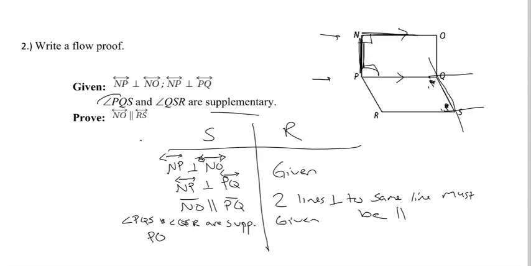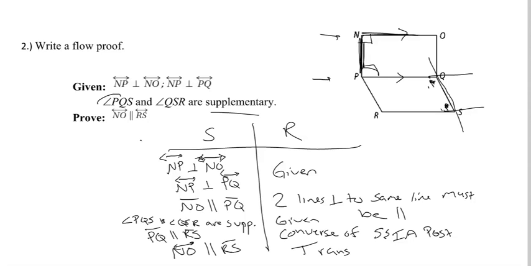PQ is parallel to RS, and that is by converse of SSIA postulate. If you wrote theorem, I wouldn't take off. And then lastly, we can now use the transitive property. NO is parallel to RS by transitive property of parallel lines.